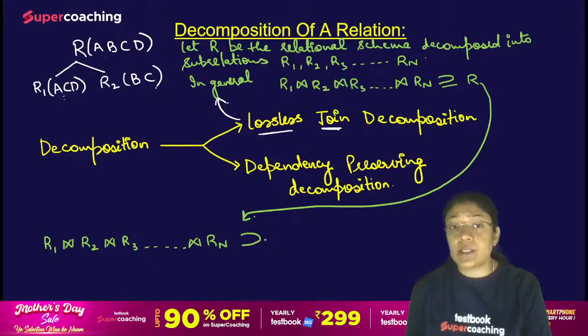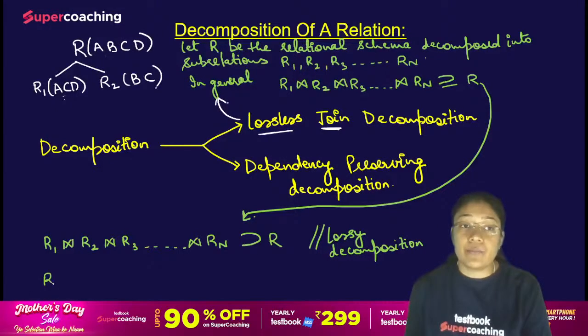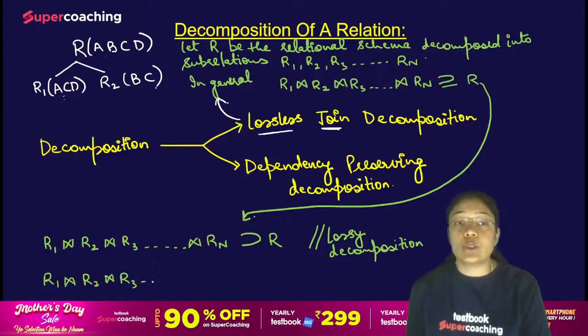If extra tuples are coming, that means it is lossy decomposition. It is not returning the original relation R, so this is known as lossy decomposition. You get this point? And if it is producing the same number of tuples as present in the relation R, then it is known as lossless join decomposition because it is returning the exact relation R. So this is known as lossless. Is this clear?